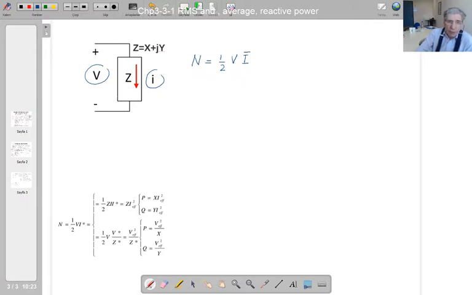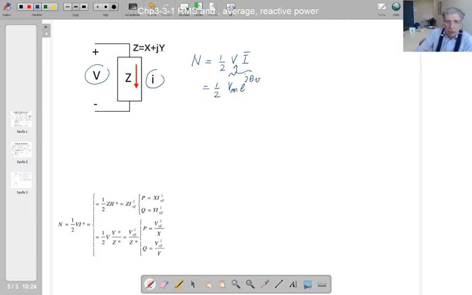So this is equal to 1 over 2, V, the voltage phasor, which is Vm e to the power j theta V. Theta V is the angle of this phasor.